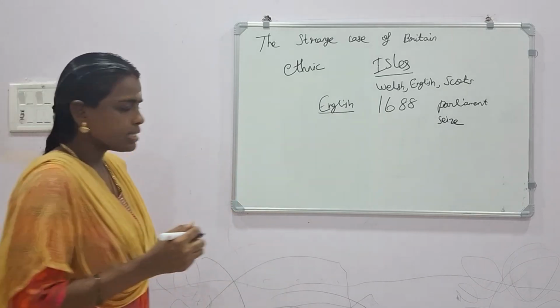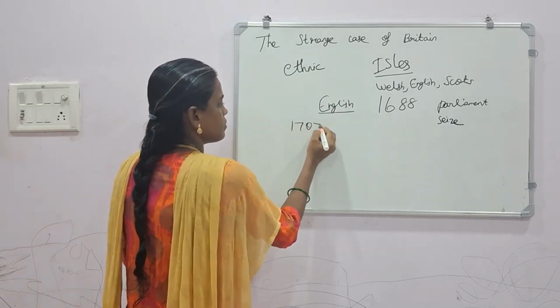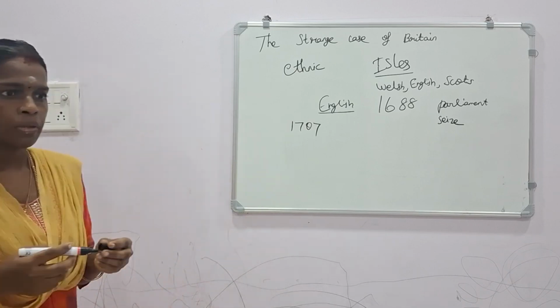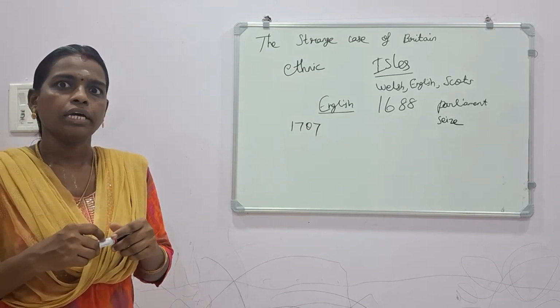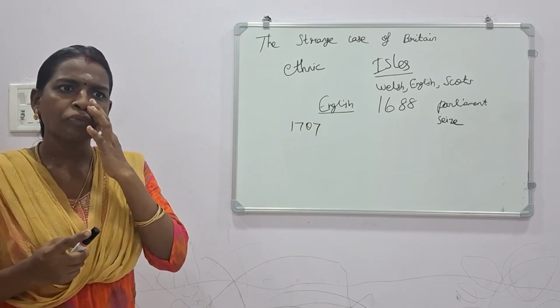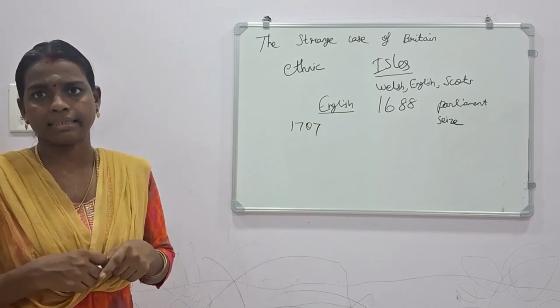And in the year 1707, there was the Act of Union. The Act of Union was signed between Scotland and England.